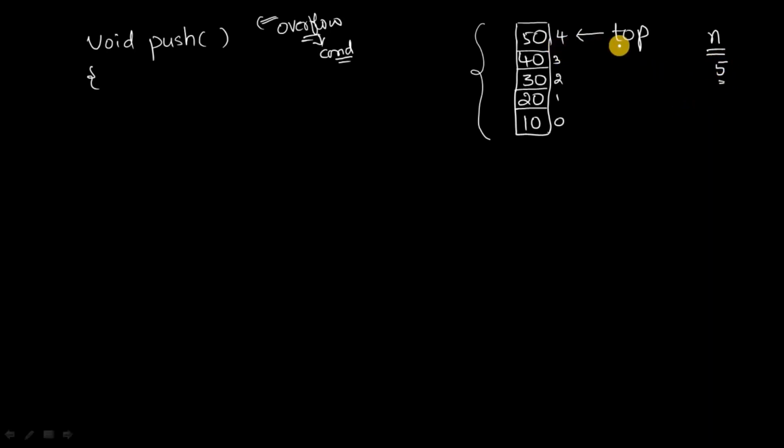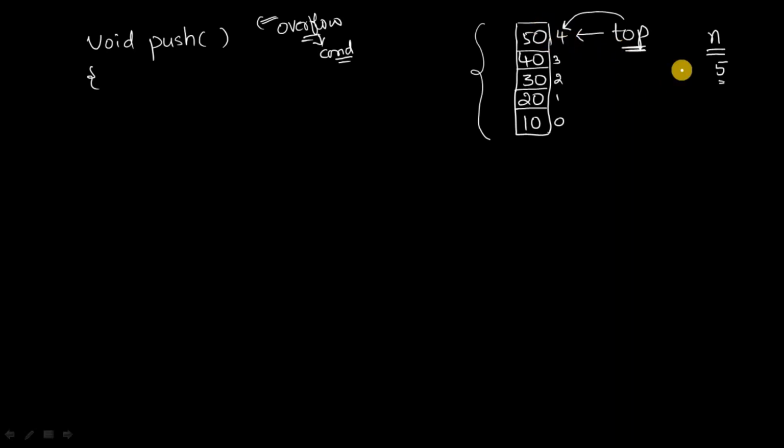Now my question is, for what value of top is the stack full? Yes, for the value 4. For the value 4 of the variable top, the stack is full.